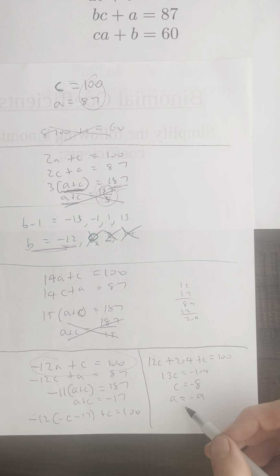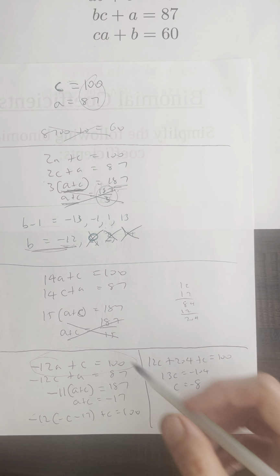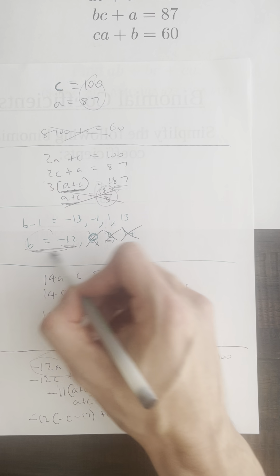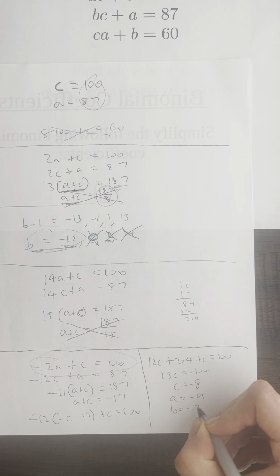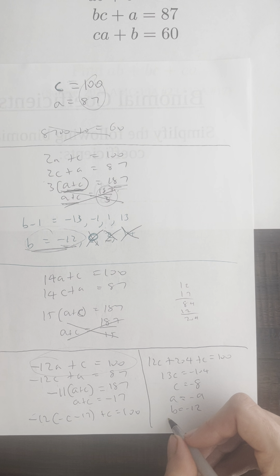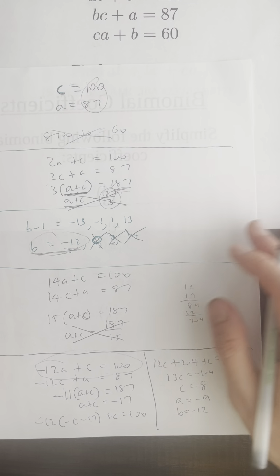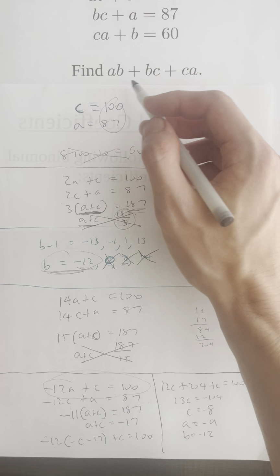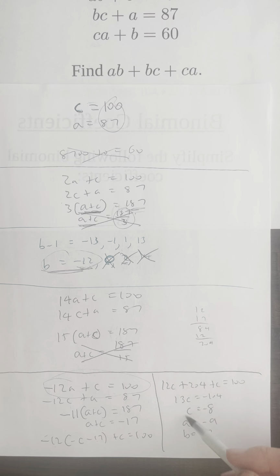And then b has to be how much? Well, we plugged in b is equal to negative 12. Yes, b is equal to negative 12. To answer the question, they want us to find AB plus BC plus CA.